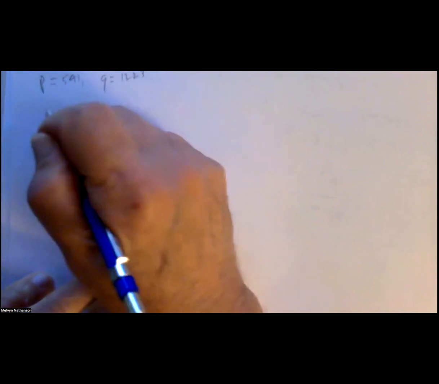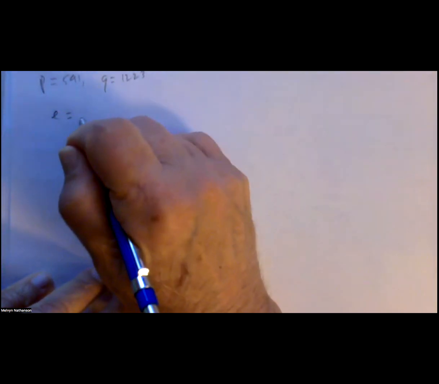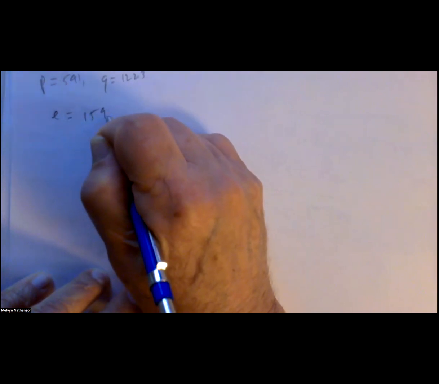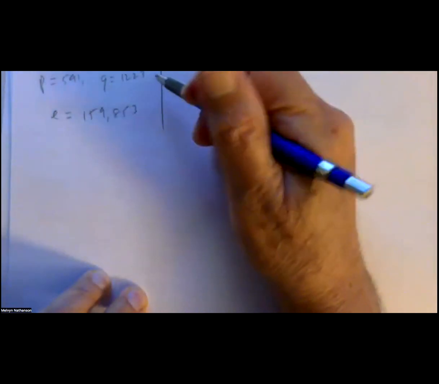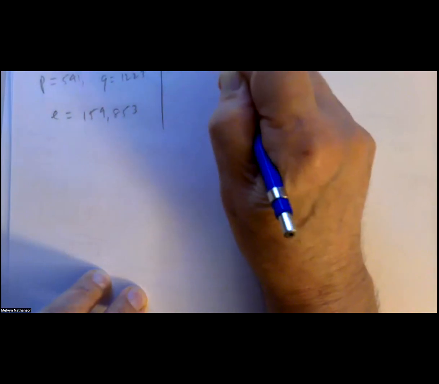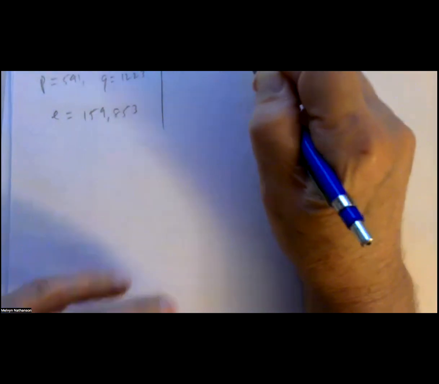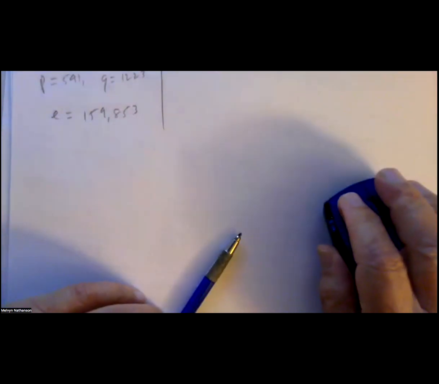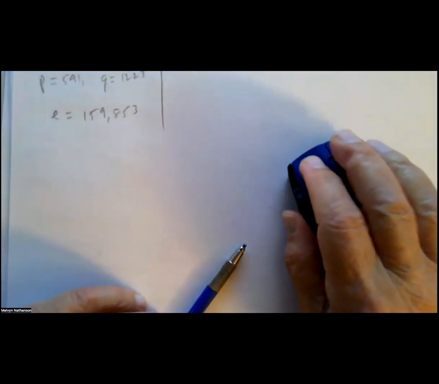And she chooses E to be 159,853. So what is going on here? The public modulus n is p times q, which is 541 times 1223. If I multiply them, what do I get?